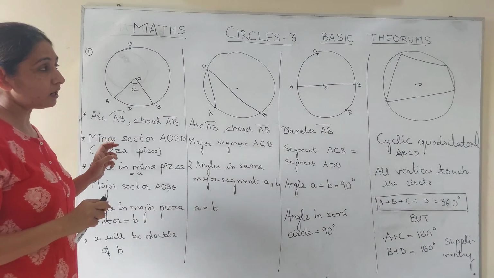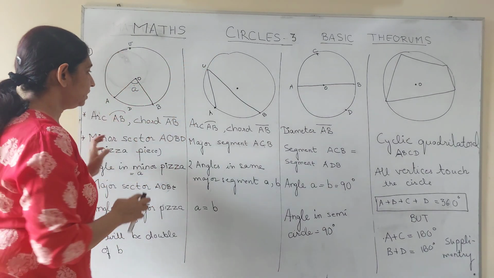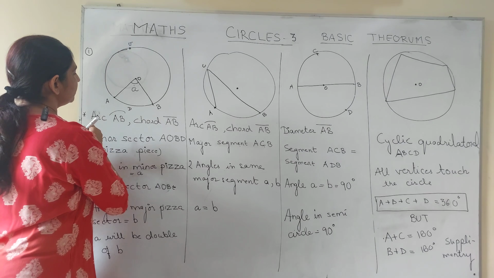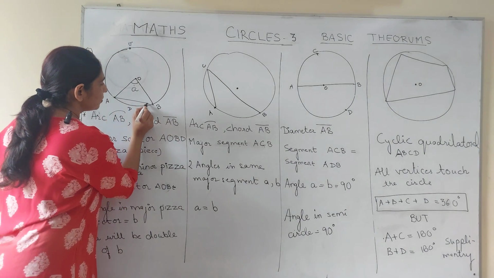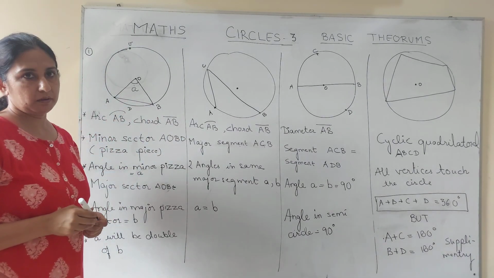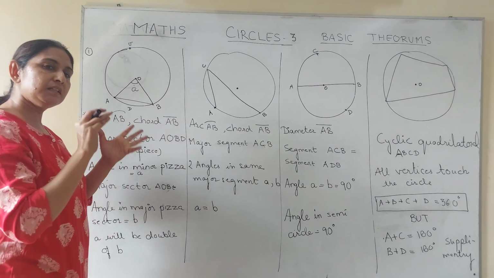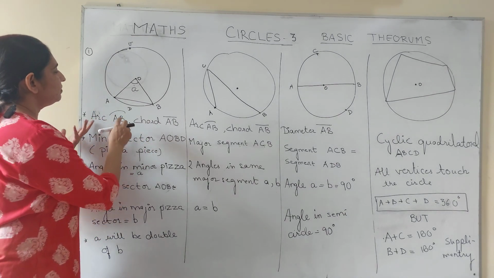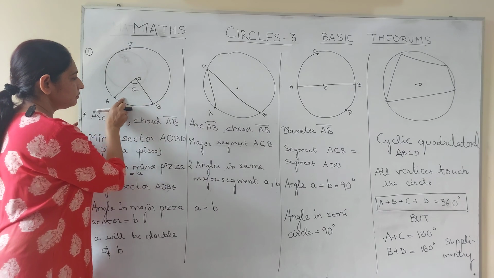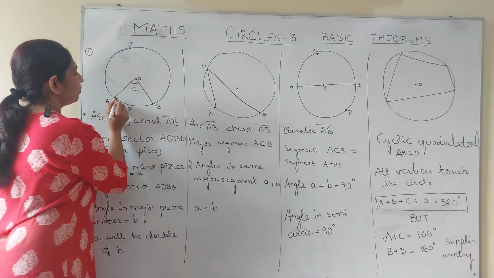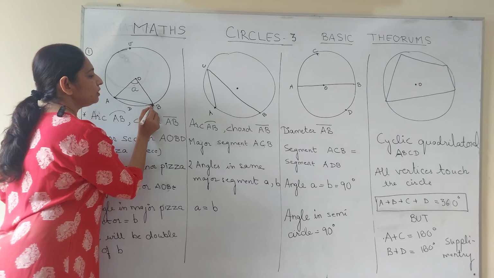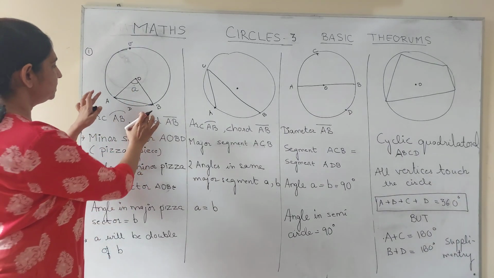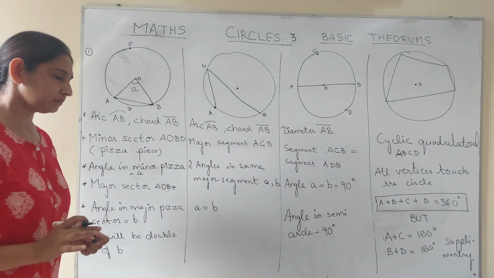Remember the definition of arc from part 1? Arc AB, or it is also a chord AB. So you can have either of the diagrams. It will not make a difference to the theorem. We just need two points on the circle.